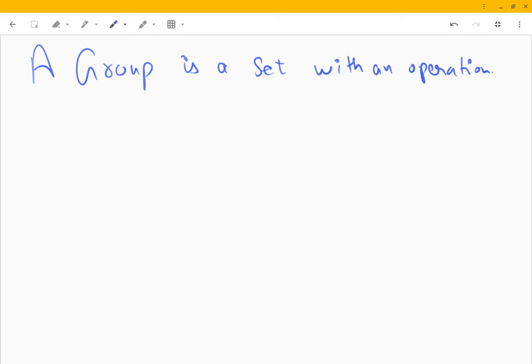So let's take G as a group, which is actually a set of, let's say, A, B, and C. So this is a set, right?